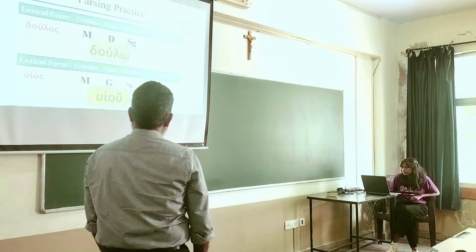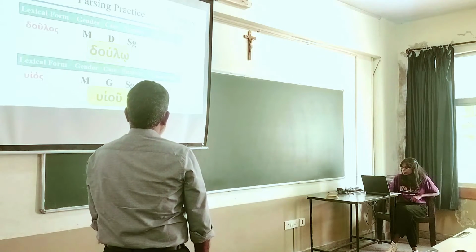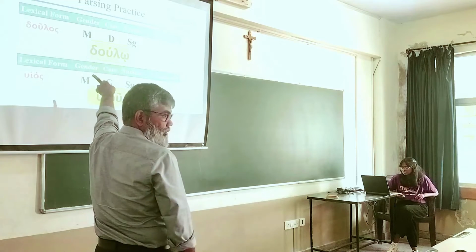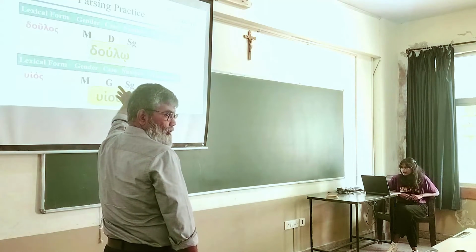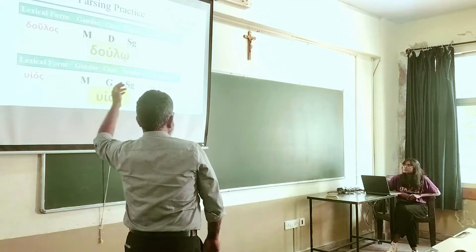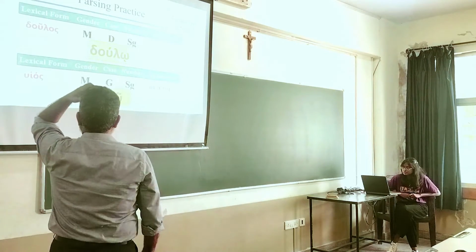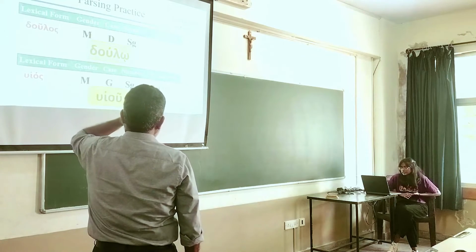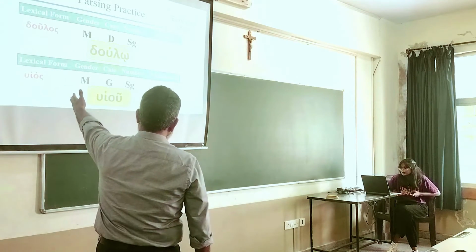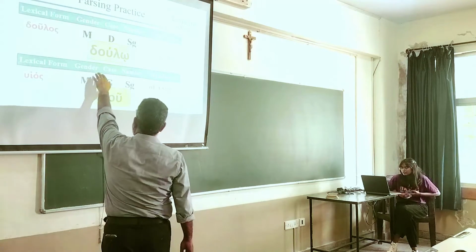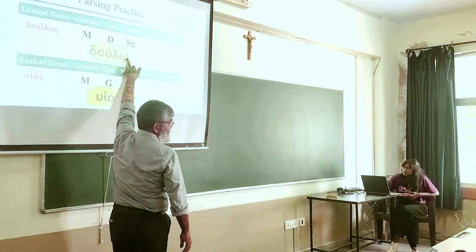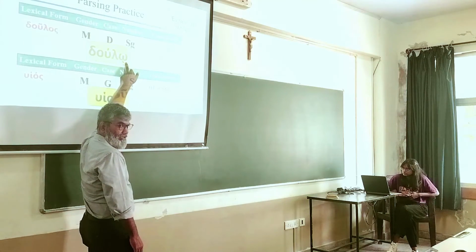Okay, these are some examples. Doulo. You know what is doulos? It's a pretty famous word. Doulos means slave or servant, but technically it means slave. Many times Paul calls himself doulos. Huios means son. Now, doulo, so this is what declension? Dative.